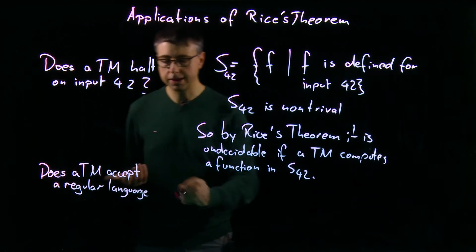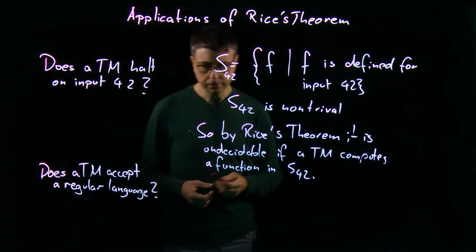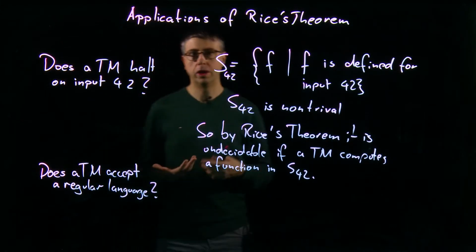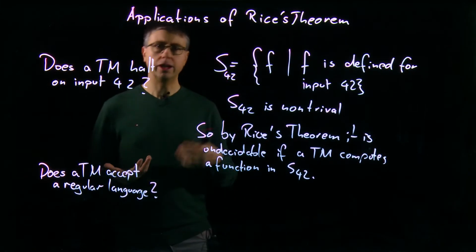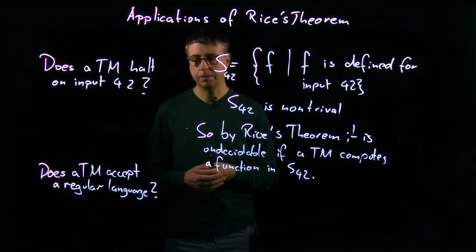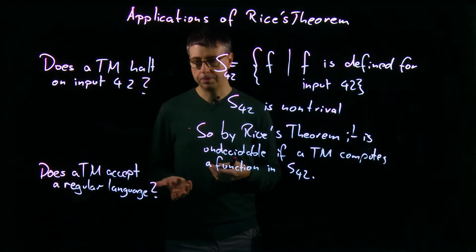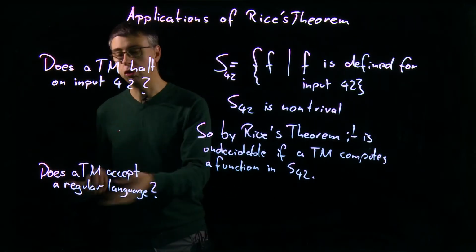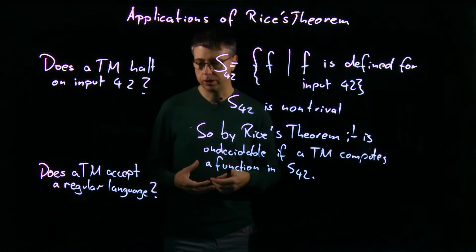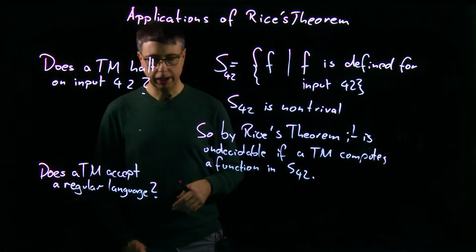So you start with some given Turing machine and you would like to know whether this Turing machine accepts a language that could actually also be accepted by a finite automaton. Because then you don't need all the mechanics of the Turing machines anymore for this particular language.